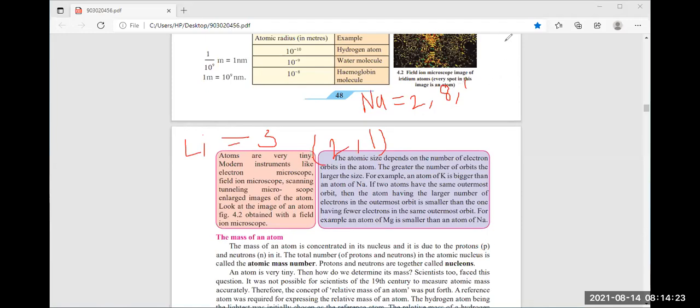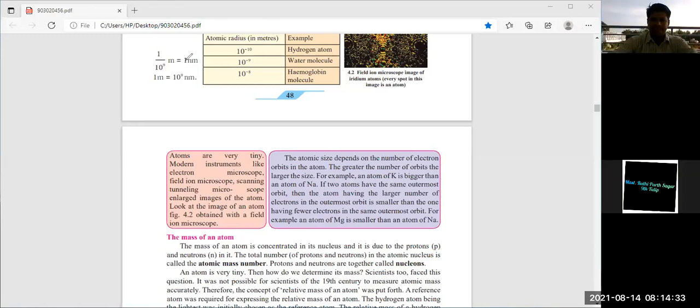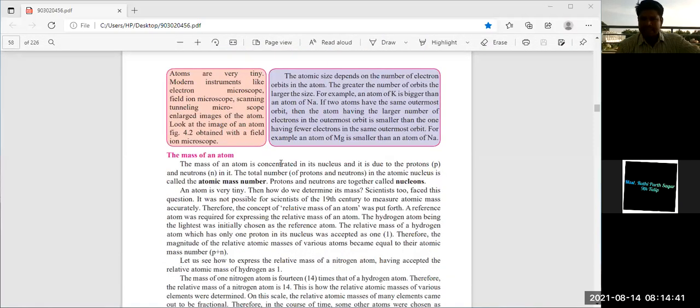Okay. Now we have to see the mass of an atom. Now mass of the atom is decided with the help of how many neutrons and protons are present in it. You can see here the mass of an atom is concentrated in its nucleus, and it is due to the protons and neutrons.